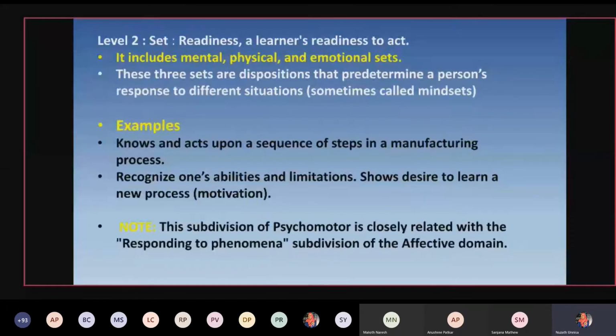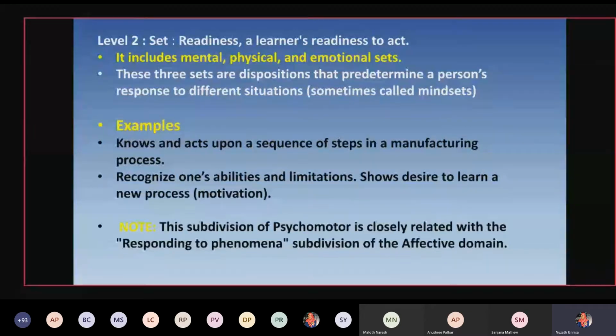Then moving on to level 2, which is set, or readiness, a learner's readiness to act. It includes mental, physical, and emotional sets. All three of them are involved in this. This part is closely related to the responding phenomenon of the affective domain.